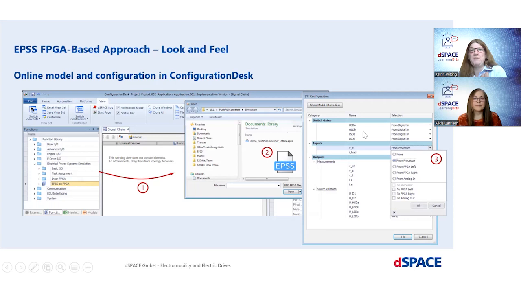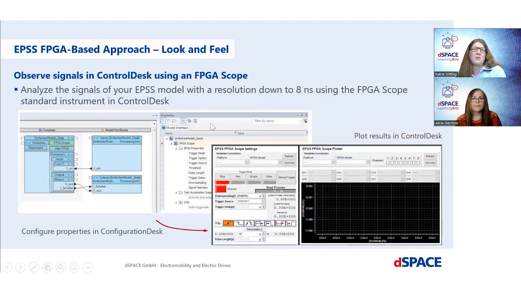So the switch gates can be configured, you can map the I/O, you can choose if they come from digital in or from some other hardware parts from the processor. To observe the signals during the runtime applications, you then use the dSPACE product ControlDesk. Here we have also included a specific FPGA scope for EPSS, which allows you to display the signals with an accuracy of down to 8 nanoseconds.